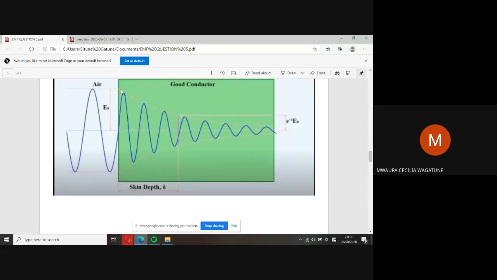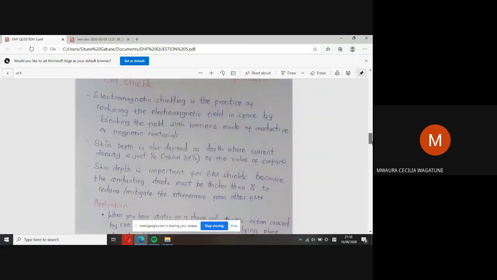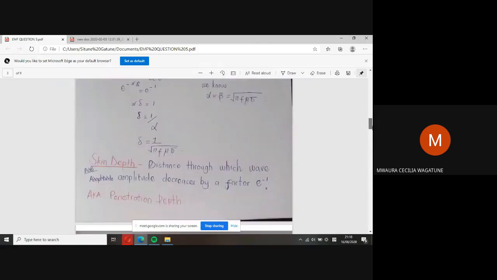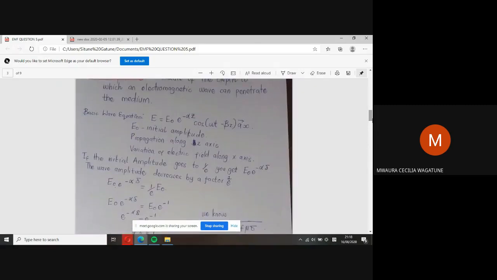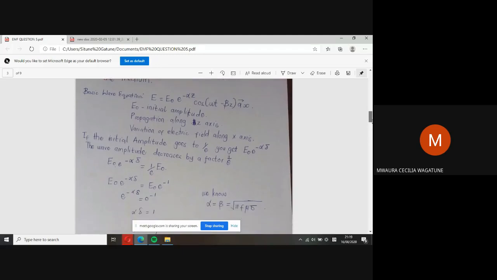So this is the initial amplitude, like that, E naught. So yeah, it's propagating along the Z axis, and the variation is along the X axis.